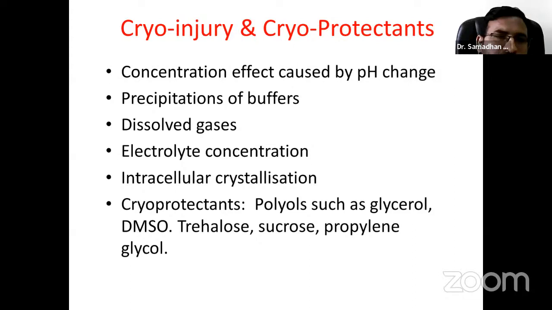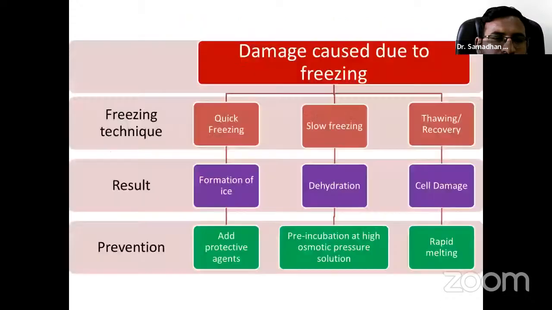So cryoprotectants include polyols such as glycerol, DMSO, that is dimethyl sulfoxide, then sugars such as trehalose and sucrose, and propylene glycol can also be used as a cryoprotectant.